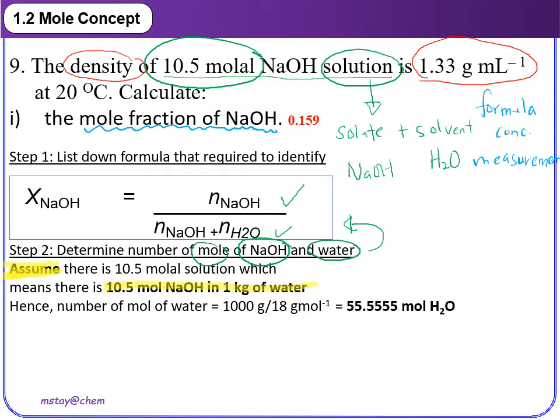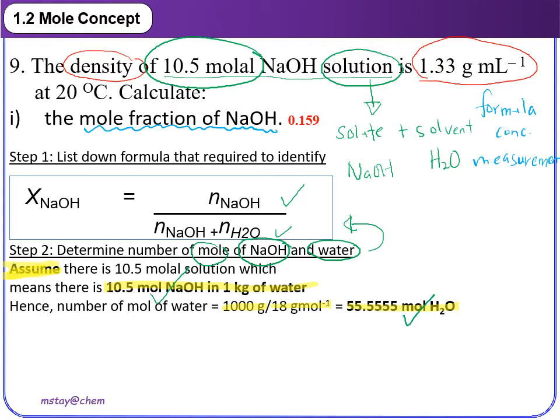The 1 kilogram of water is equal to 1000 gram. We divide by the molar mass of water, and we get the mole of water is 55.55 mole. So now we already have the number of mole of NaOH and the number of mole of water.